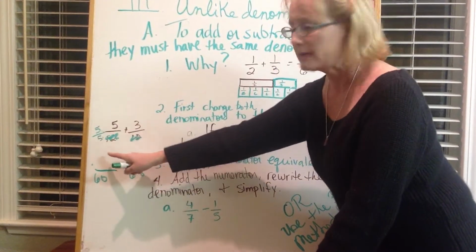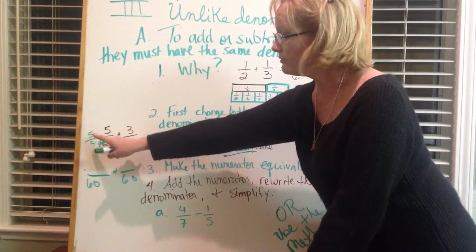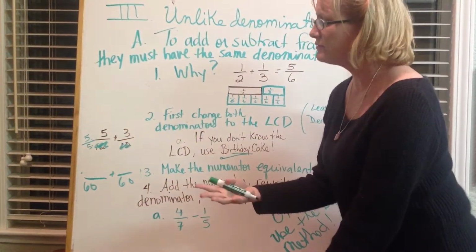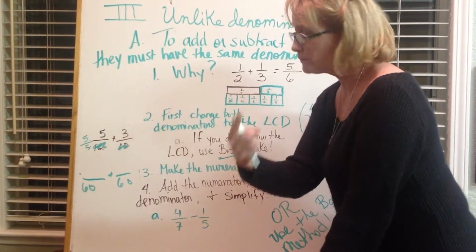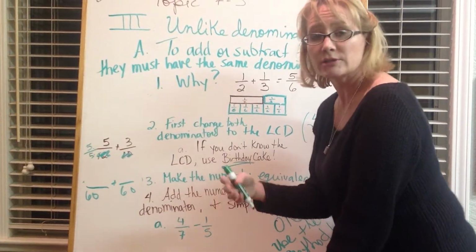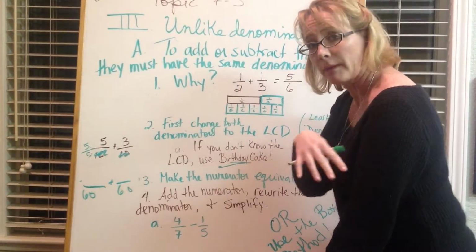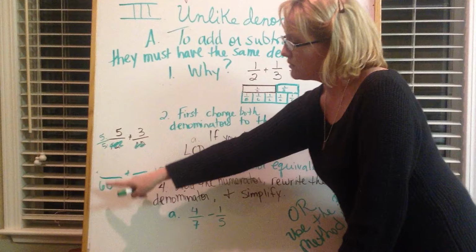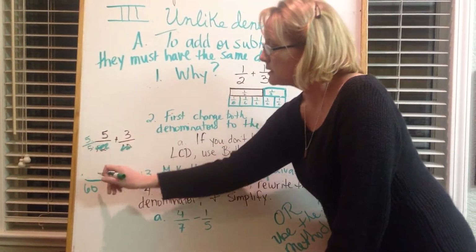Now look at that, I'm multiplying it by 5/5, or 5 divided by 5. How much is 5 divided by 5? Oh, remember, it's just a 1. So I'm really multiplying it by a 1, okay? And you're allowed to do that because of the laws of identity that we talked about before. So 5 times 12 is 60, and 5 times 5 is 25.